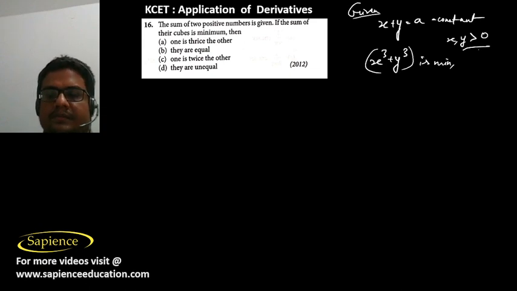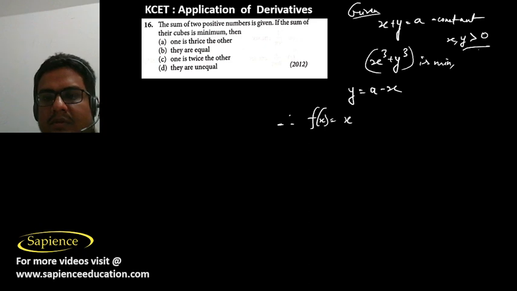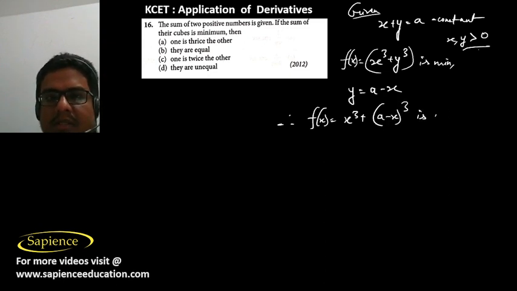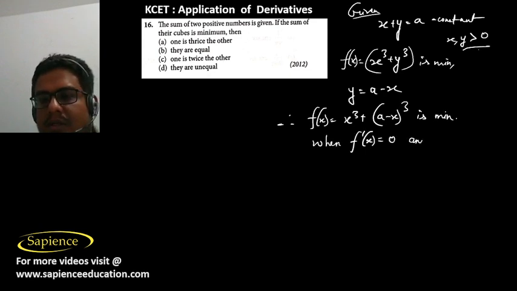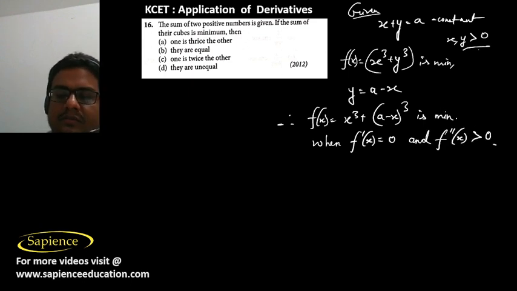Here, therefore y is equal to a minus x. Therefore, the function of x, f of x, is equal to x cube plus a minus x whole cube. This is minimum when f dash x is equal to 0, and f double dash x should be greater than 0.